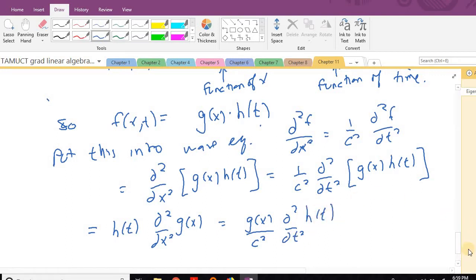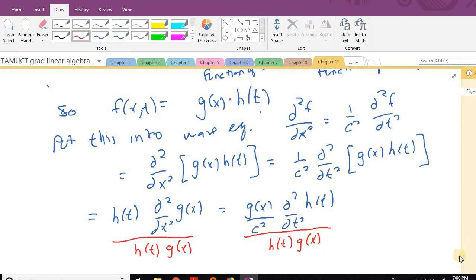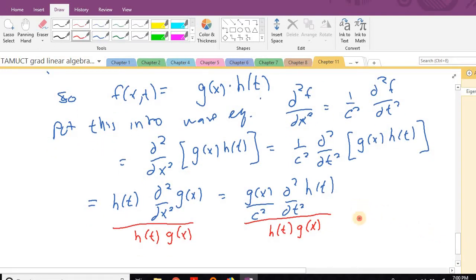All right, now comes the magic. I'm going to divide both sides by h of t times g of x. And this is a really cool trick. And whoever figured this out must have been very pleased. All right. So I'm just dividing both sides.